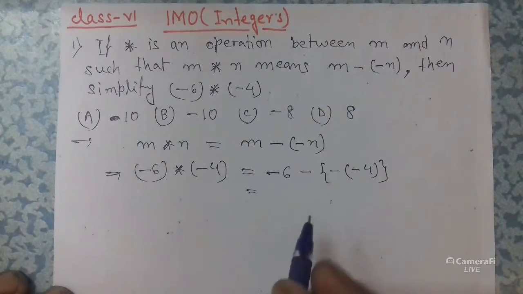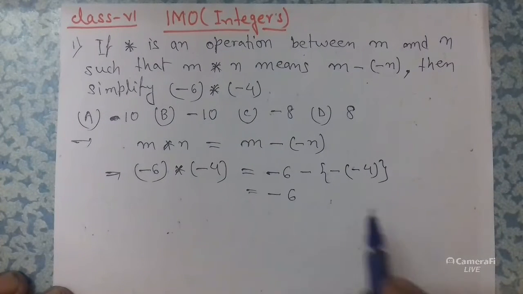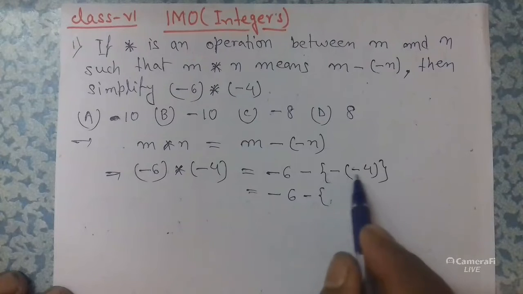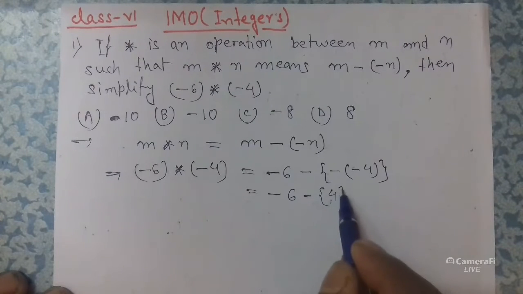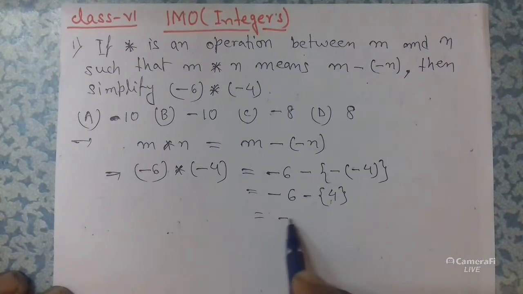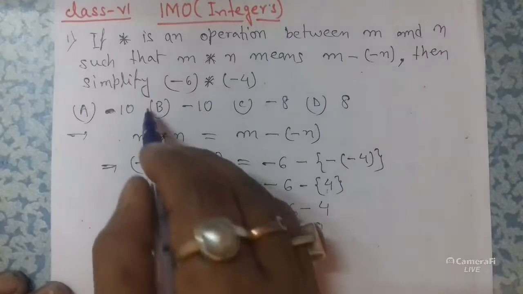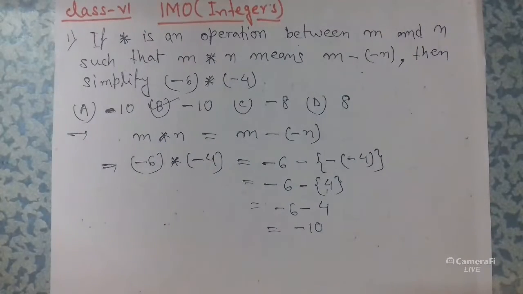Understood? Then calculate it. So minus 6 minus of minus 4, so minus minus plus 4. Now minus 6 minus 4 is equal to minus 10. So B is the correct answer. Minus 10 is the correct answer.